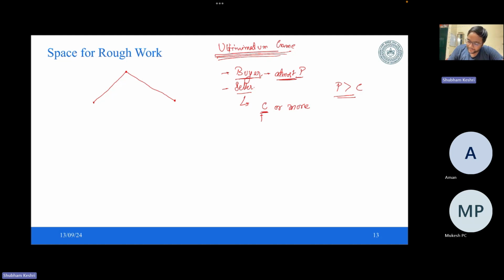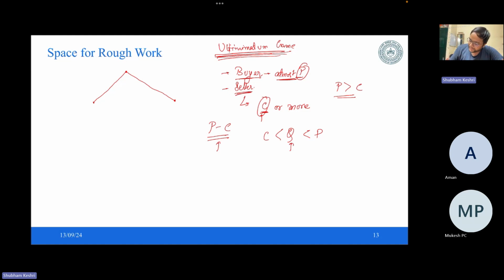Now for this ultimatum game, I know it is a strong assumption, but we are assuming that the P value and C value are common knowledge. The seller knows what P is and the buyer knows what C is, and the other way around also. The difference P minus C is what will be divided between the seller and buyer. Suppose Q is a fixed value greater than C and less than P, at which the product is sold.